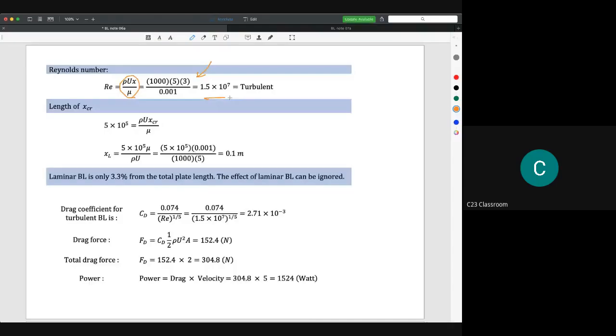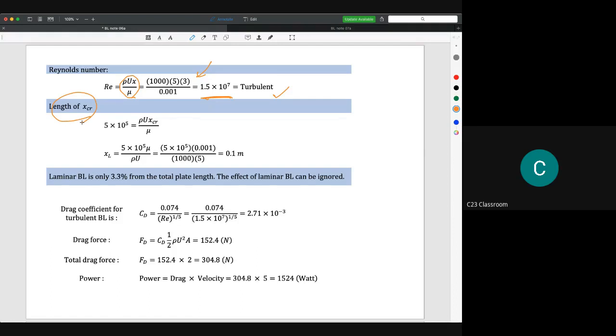So again, first we need to calculate the Reynolds number at the end of the plate. So we use rho ux over mu. So we substitute the data, and we get 1.5 times 10 to the power of 7. So it is fully turbulent. And then we check the value of the laminar boundary layer distance.